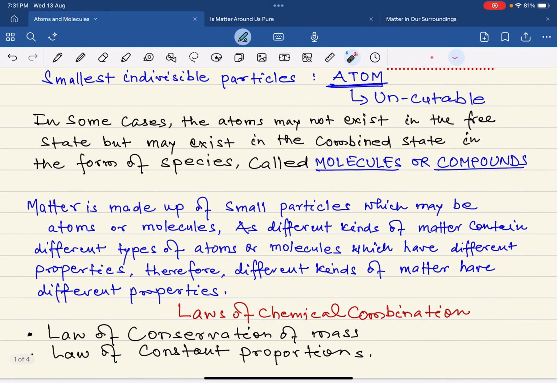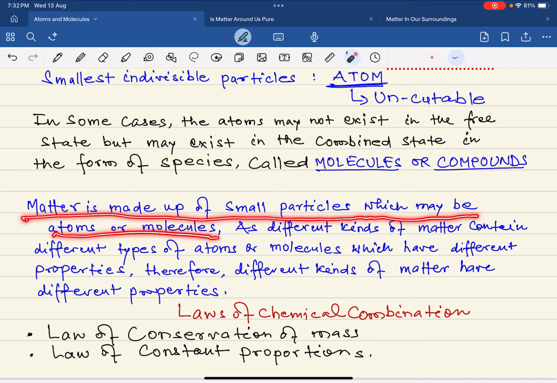So, on the basis of a very simple concept, we can conclude that matter is made up of small particles which may be atoms or molecules.